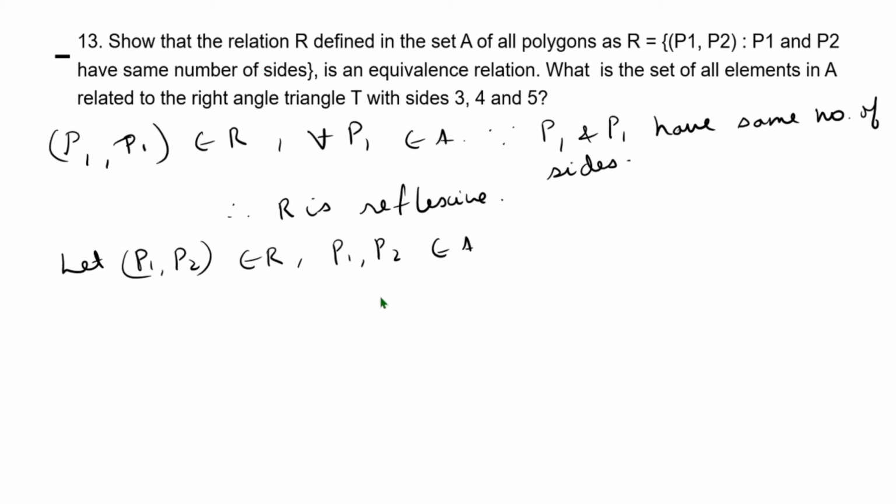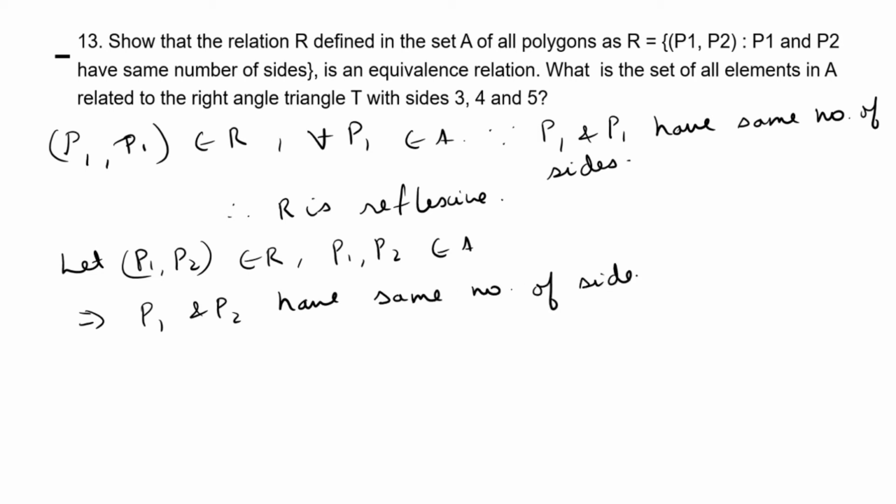So if (P1, P2) belongs to R, it means P1 and P2 have the same number of sides.